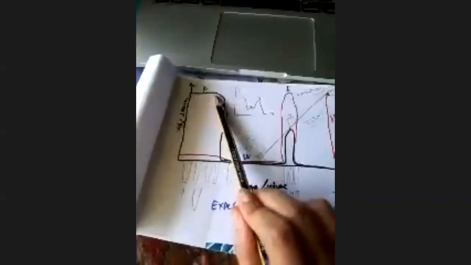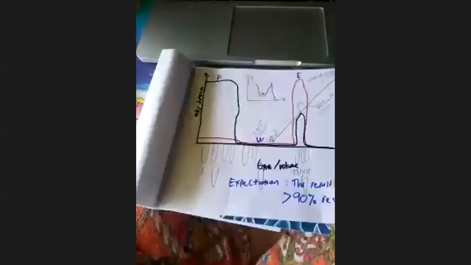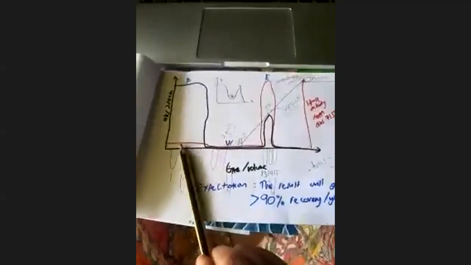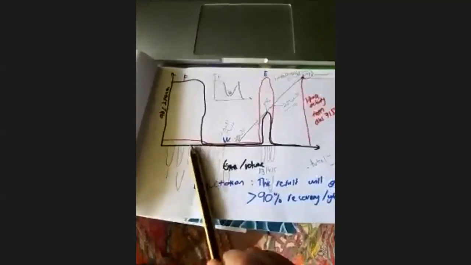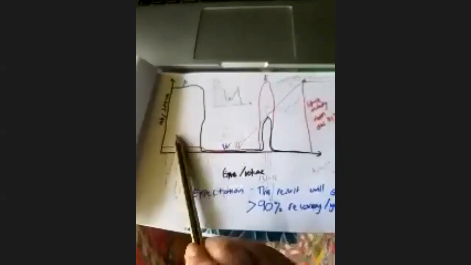This black color represents all the proteins in the flow through, but this flow through does not have the lipase activity. That's why the red graph, which represents the lipase activity, shows almost nothing in the flow through section.